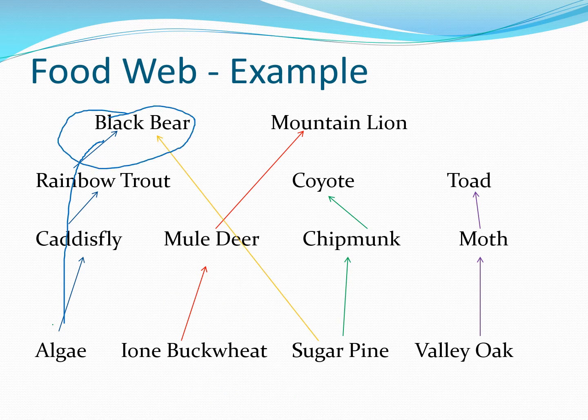But if the black bear eats sap from the sugar pine tree, oh, well now it is a primary consumer, it's an herbivore. So depending on the food chain path you're following, it may be a carnivore, well, I guess it's always a carnivore, but it may be a top carnivore, or like an herbivore, making it what we call an omnivore. It eats a little bit of both.